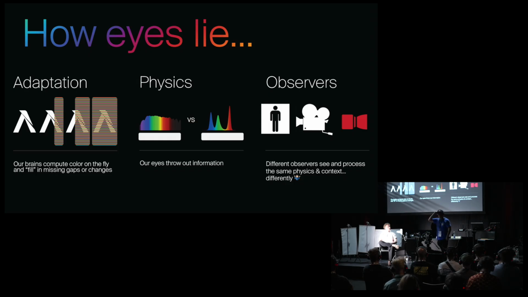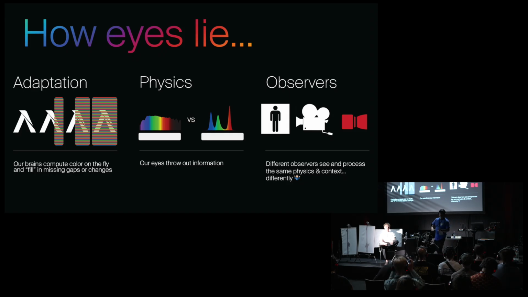Our brains are constantly churning and trying to figure out what it's seeing and constantly doing things to recompute the world to make sense all the time, right? And that's what we saw at the beginning of this talk, okay? Physics, okay? Our eyes throw out the physics of reality and boils it down into a couple of types of information so that we can make sense of the world, okay?